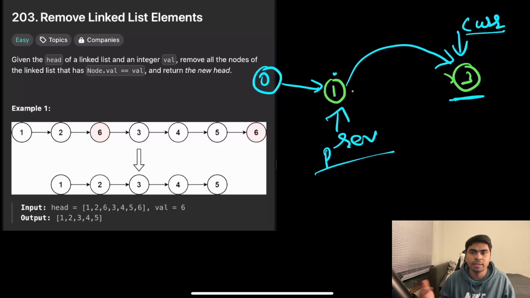I will have to remove it in the same iteration. So I will just keep previous over here until my current is checked again. All right, so I think you already got it. At least I got it. So let's write it down.